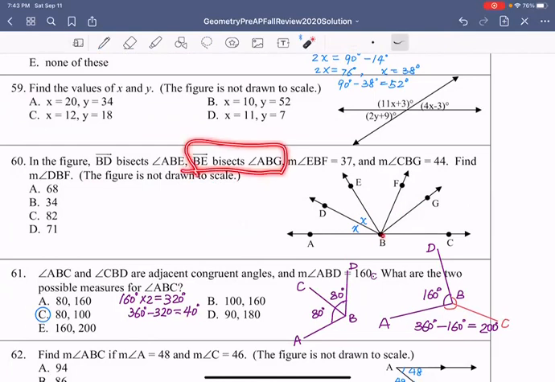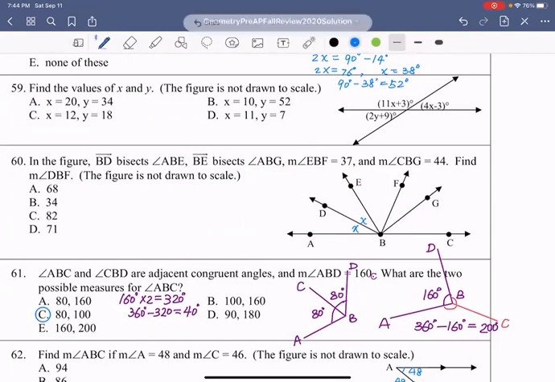Hold on. So this is 2x. This will be also 2x, right? So I'm going to write down this guy and call it 2x.